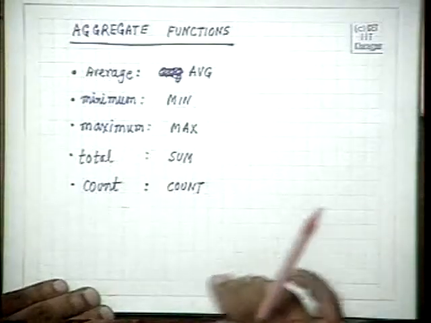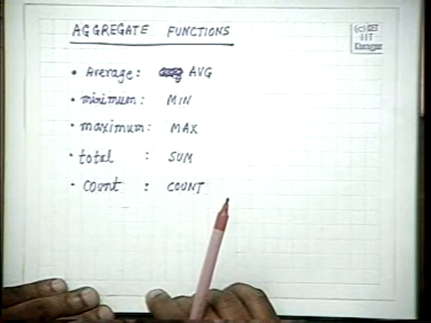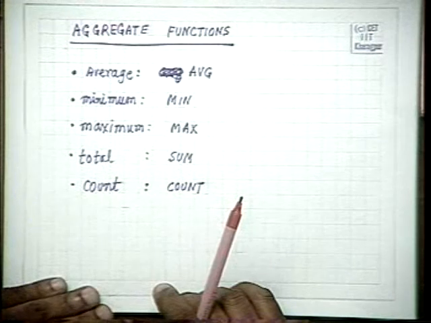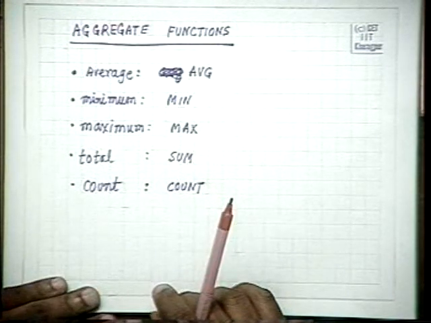Normally, relational algebra or relational calculus does not provide you functions for computing minimum, maximum, sum, total, but in any practical situation these functions are extremely useful and often are used more frequently than all other functions.